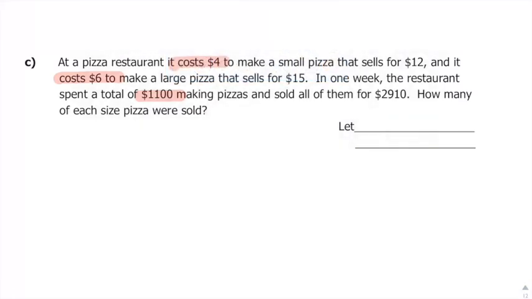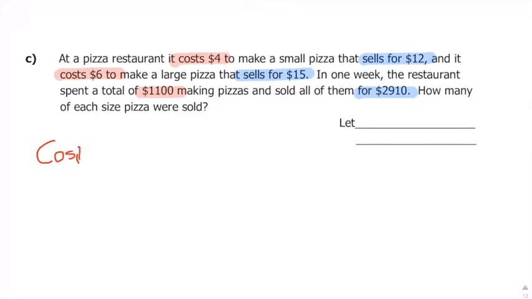So there are two equations that are going to compare your selling price and your cost. So the small sells for $12, the large sells for $15, and they sold all of them for $2,910. So how many of each were sold with those numbers in? Let's do the cost equation first.